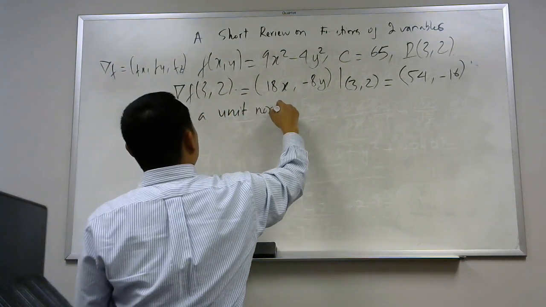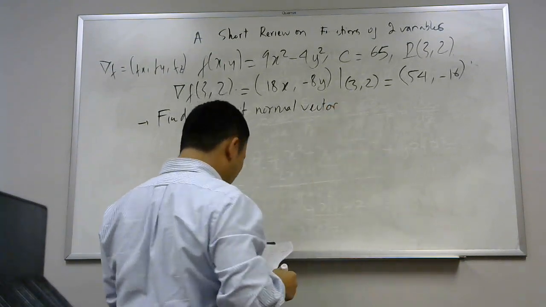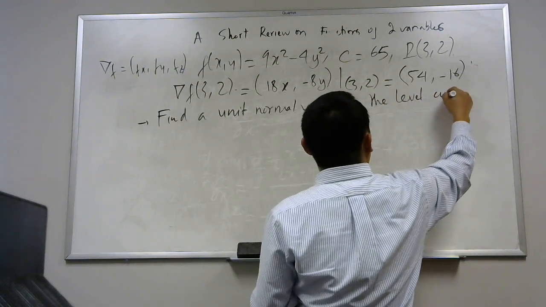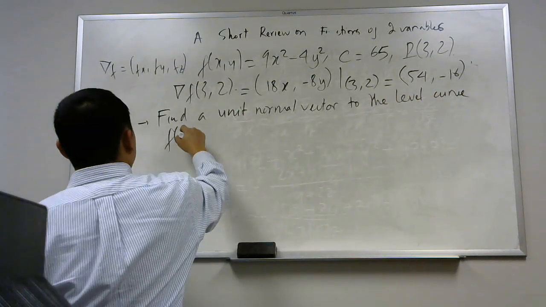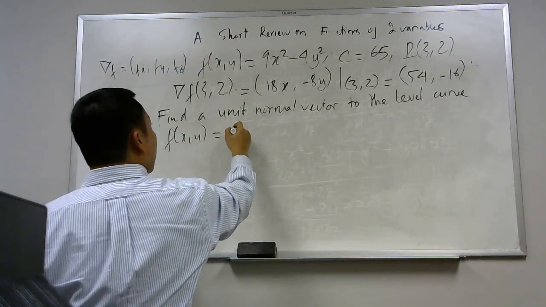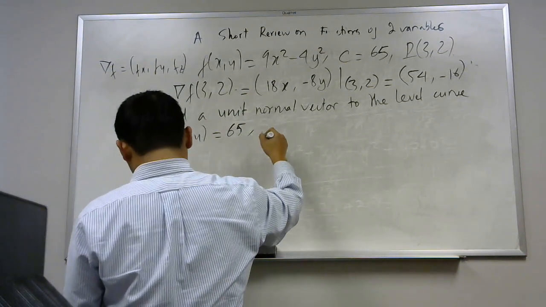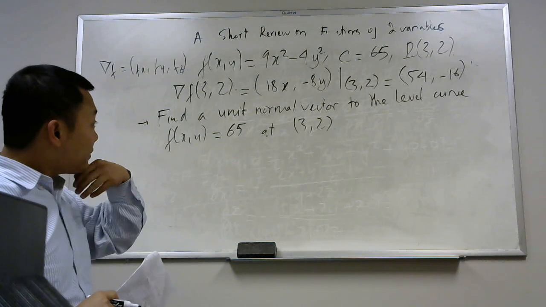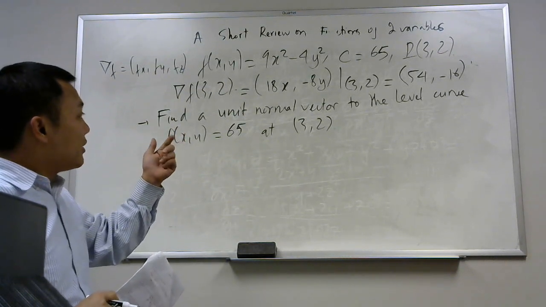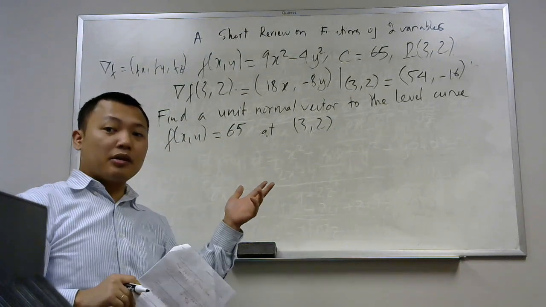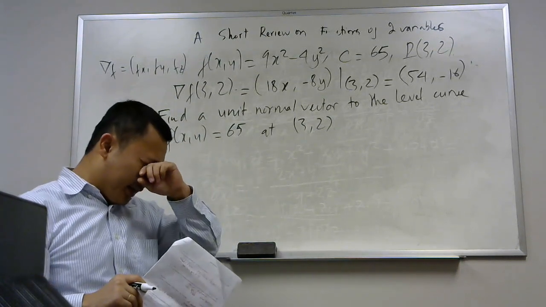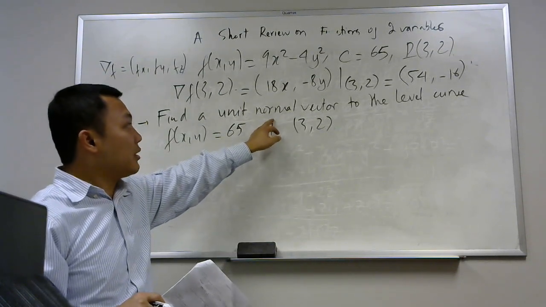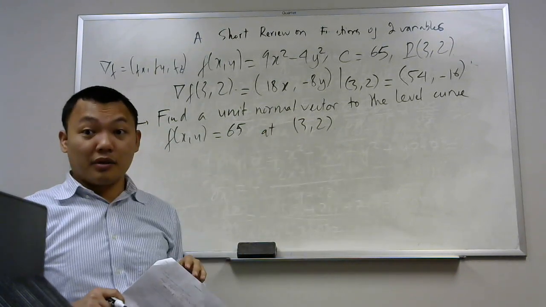Find a unit normal vector to the level curve f(x, y) equals c, in this case 65, at (3, 2). Here we have a unit vector. That means once we get a vector, we have to normalize, that is divide by its norm, to get a unit vector. But we have a normal vector to a level curve. So what is the normal vector to a level curve?